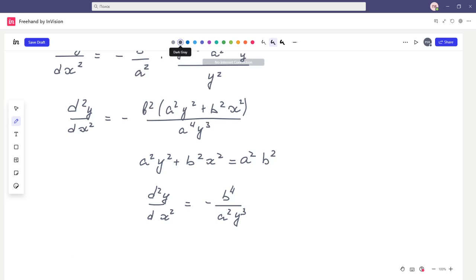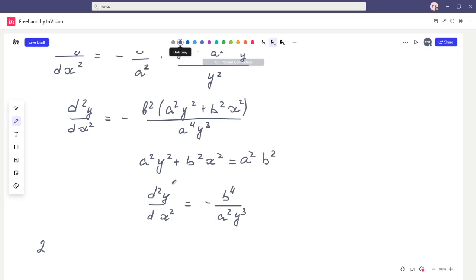The second, let us now consider the problem of finding the derivatives of higher order of a function represented parametrically.